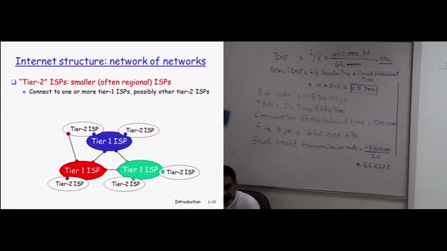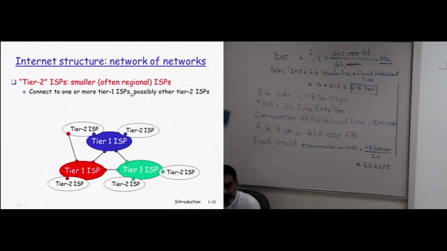Tier 1 will be serving the smaller ISPs, often the regional ISPs, and those ISPs will be called the tier 2 ISPs.